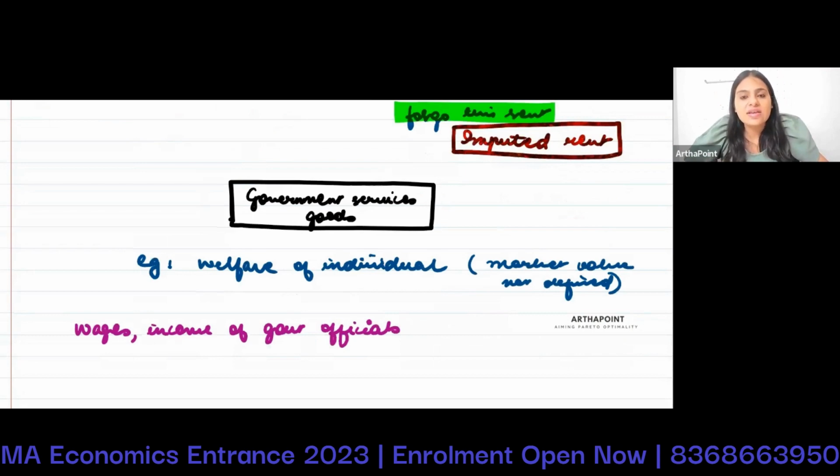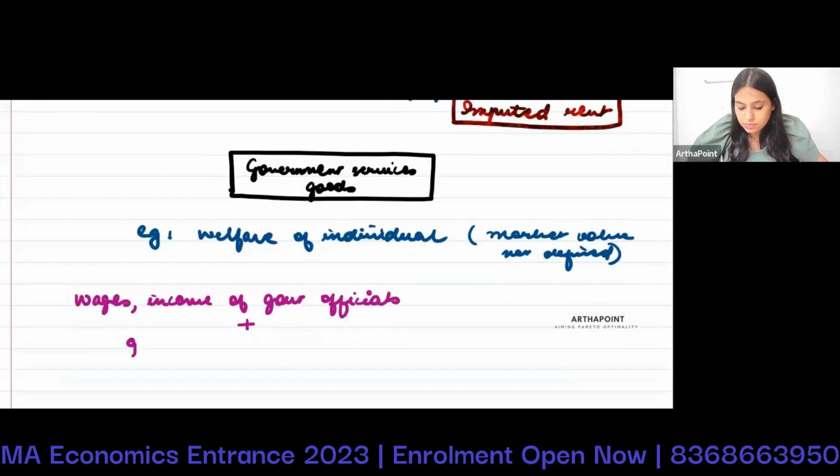I will add the income of the individual who is getting money for building the flyover for the country. So I will add the wages and income of the government official because I don't have any market price. Other than this, whatever goods they produce can be added at the market price.